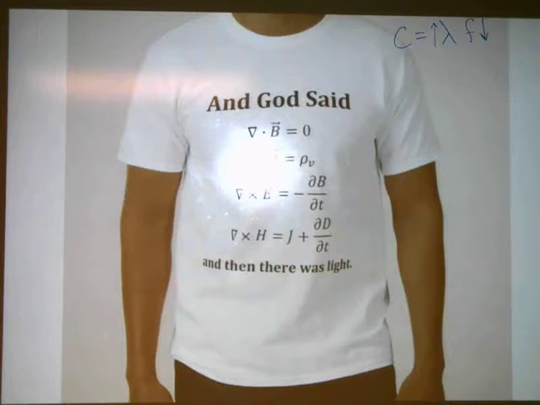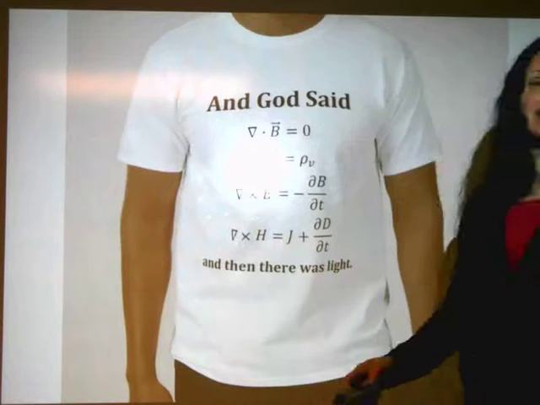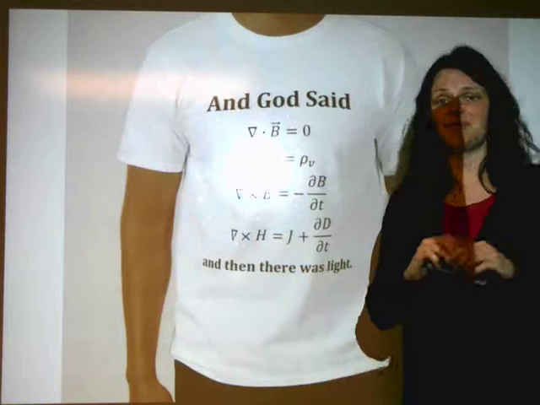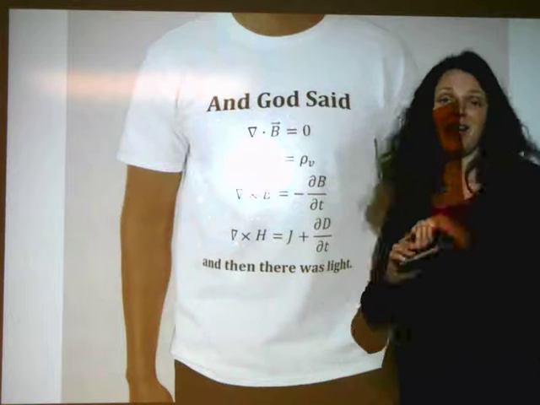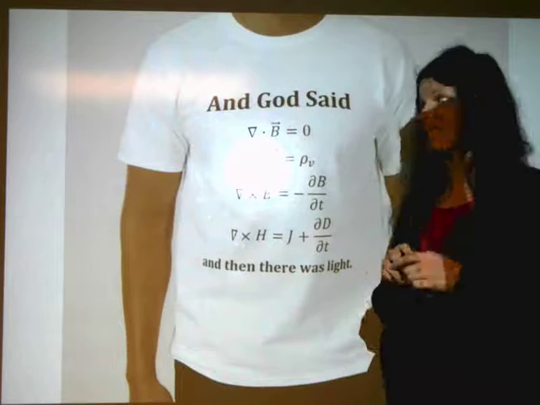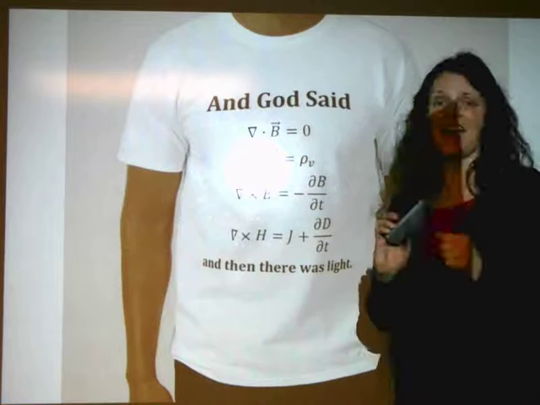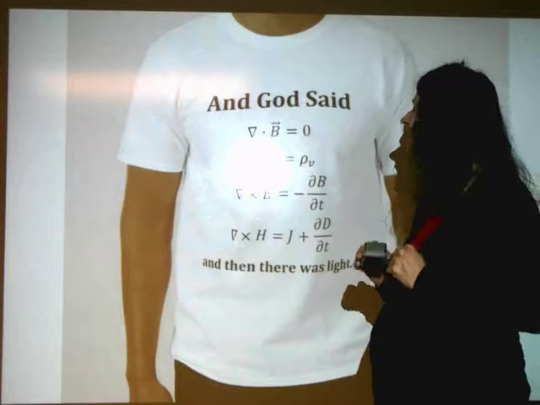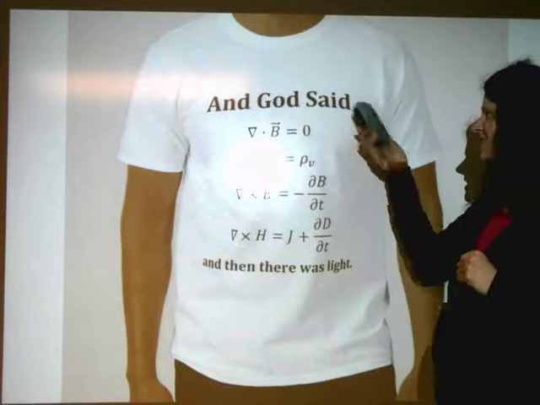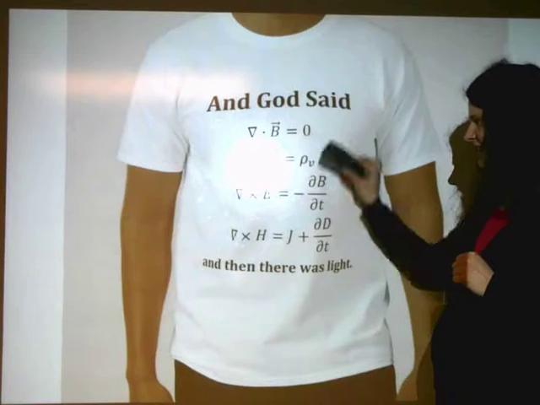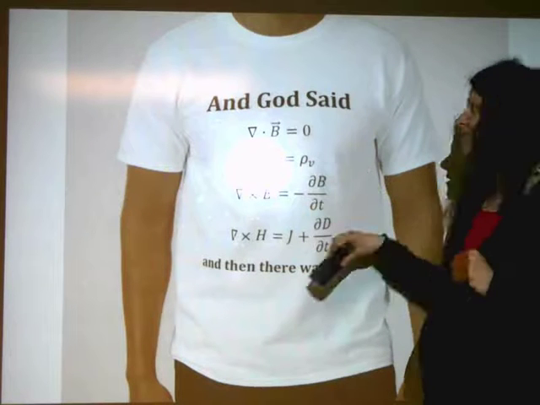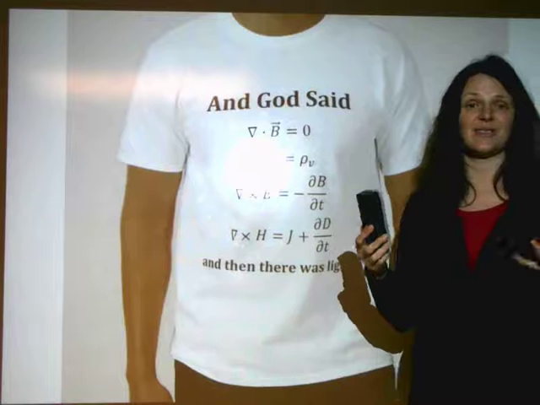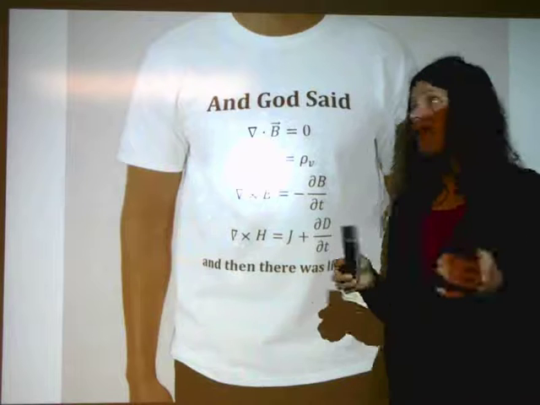Your book starts off with a discussion of what's called Maxwell's equations, and basically every geeky physics major, which is how I know I wasn't a geeky physics major, has had a t-shirt that looked like this. It says, and then God said these things, and then there was light. These are Maxwell's equations, the equations that describe light, in a calculus class.